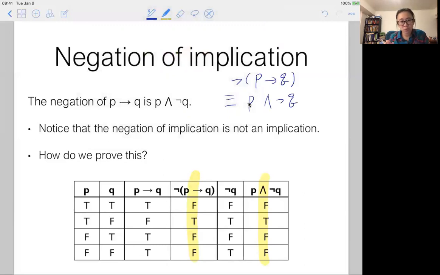I would challenge you to cover this, and if I only give you the first two columns and the label of the first row, try to fill this truth table on your own to convince yourself that those two things are logically equivalent.